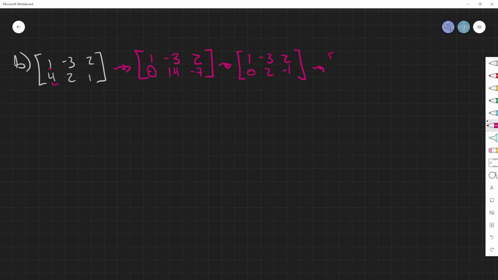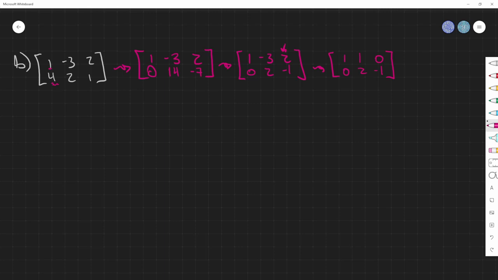And then we can add twice the second row to the first row, which will cancel out this 2. So that'll be 0, 2, -1. And then you add double. So 4 minus 3 is 1.